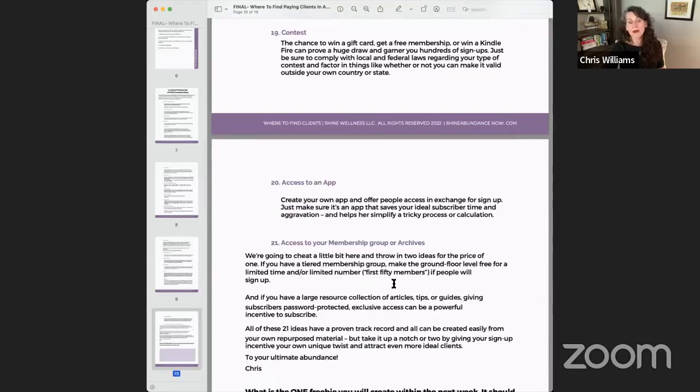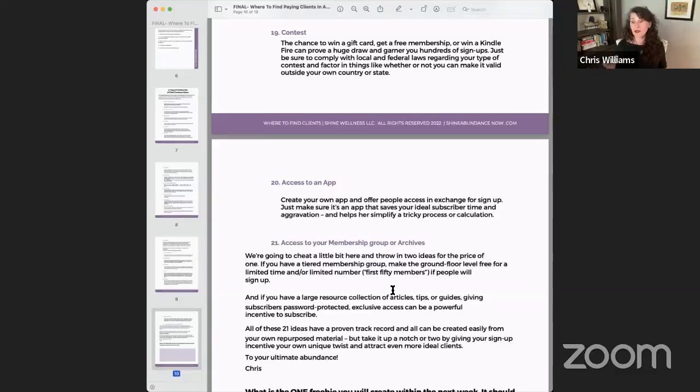Access to an app. Some of you might be very techie. I'm not. This is not something that I would do because I'm not techie at all, but you could create an app and offer people access in exchange for their email. You probably see this a lot already, right? Get a 7-day free trial of the app.